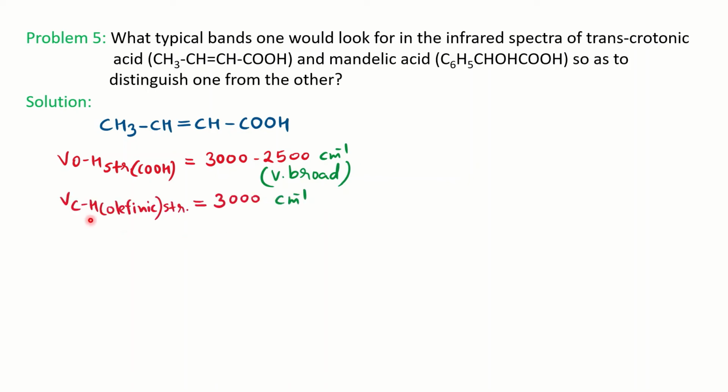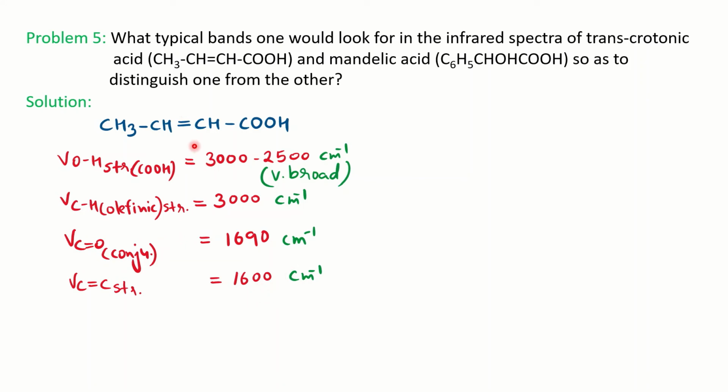Apart from that, you will see the olefinic CH stretching in the range of 3000 per centimeter. Then you will have a conjugated C double bond O, which is lowered because of the conjugation, 1690 per centimeter. Then you have C double bond C stretching around 1600 per centimeter.